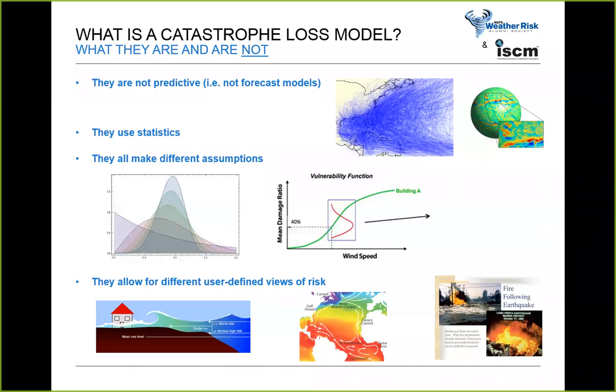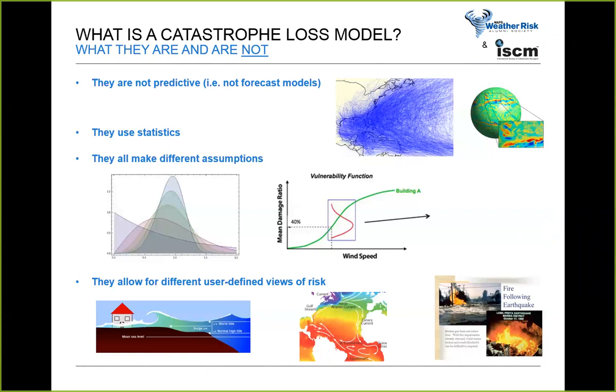One example might be turning off and on storm surge, depending if you're actually insuring storm surge related risk. There are different views of frequency and intensity of tropical cyclones in the Atlantic, conditioned predominantly by Atlantic multi-decadal oscillation warm phase. And then, of course, there's secondary perils like fire following earthquake that you can model or not.